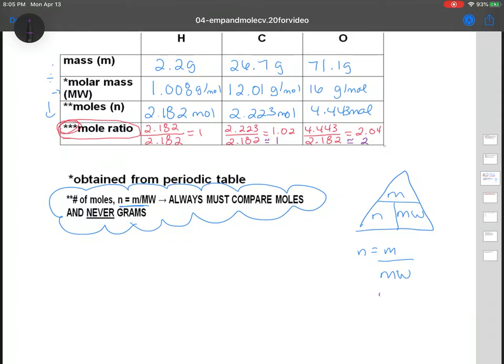So what happens is we're going to not worry about significant digits at all. When you do the mole amount, keep as many decimal places as you can.